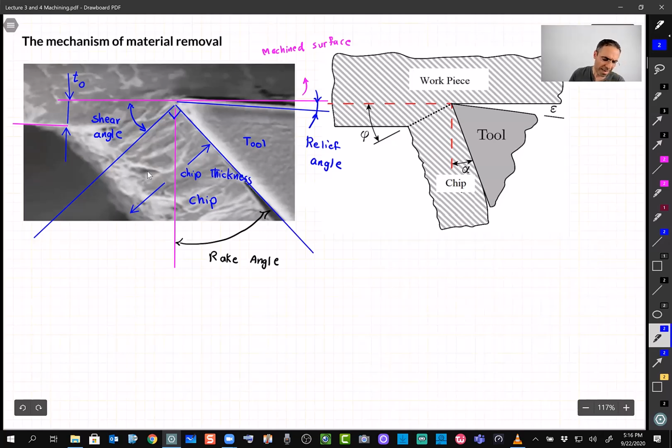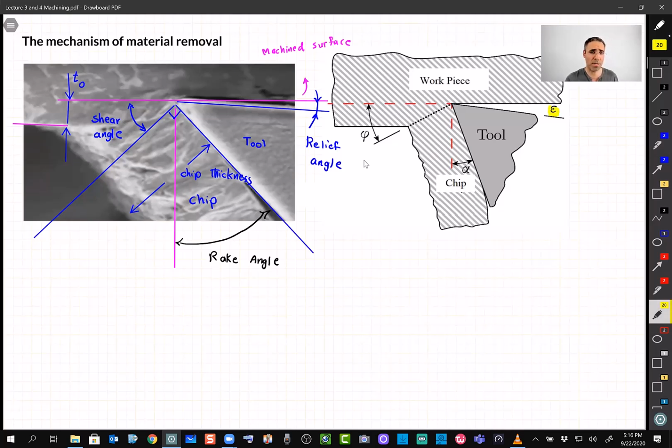All right. Now on the image on the right side, I just put parameters for them. And these parameters are very common if you check different books on machining. People usually use these parameters when it comes to machining. We use phi for shear angle. We use epsilon for relief angle. Some people call it clearance angle, but relief angle is very common. Phi is the shear angle, and rake angle, we show it by alpha.